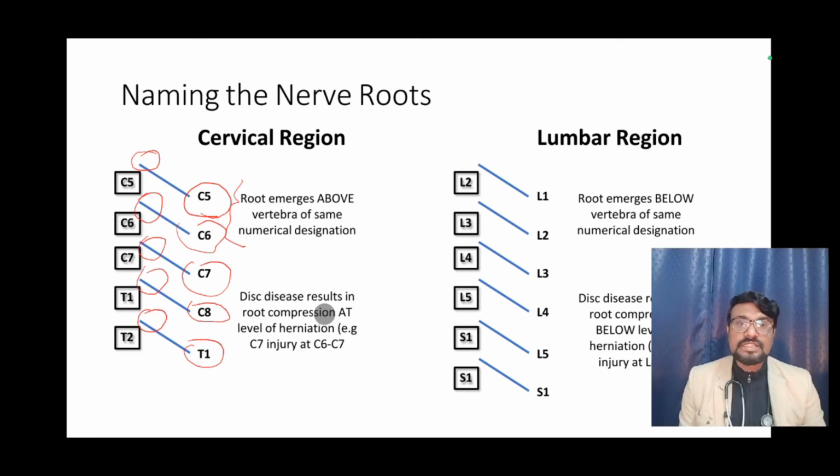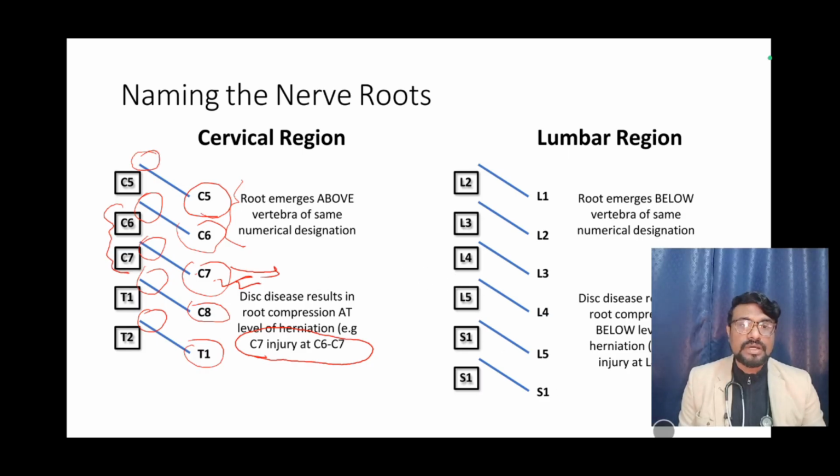And disc disease results in root compression at the level of herniation; that is, C6-C7 disc injury will lead to C7 root compression. If the patient presents with C7 associated motor or sensory symptoms, it means the disease is at the level of C6 and C7.